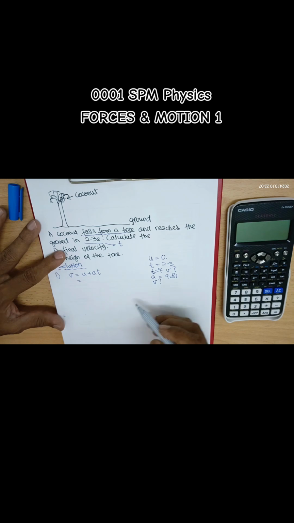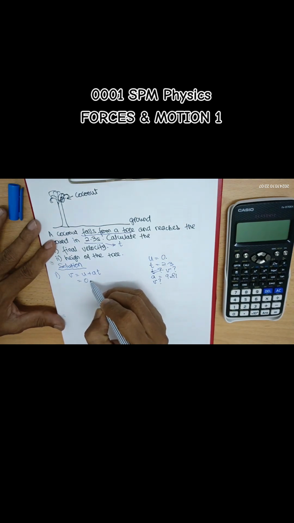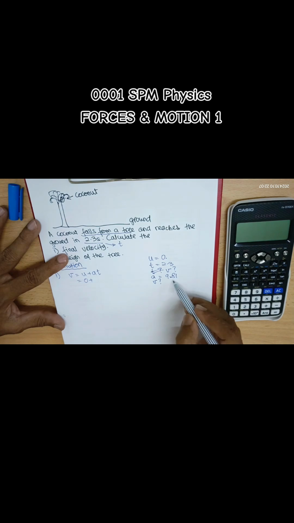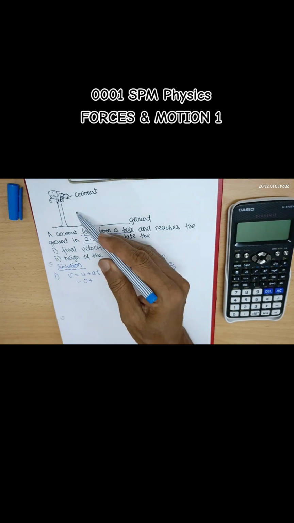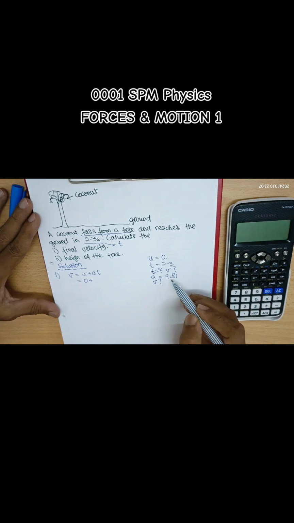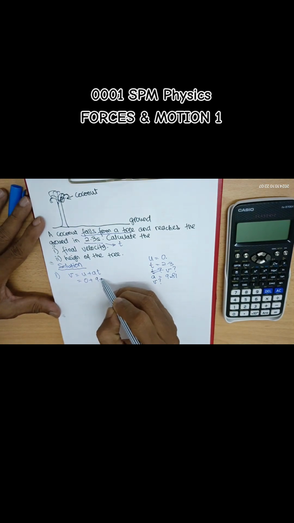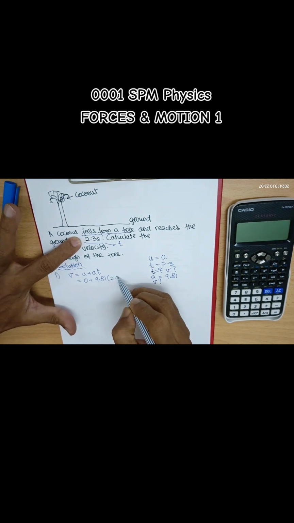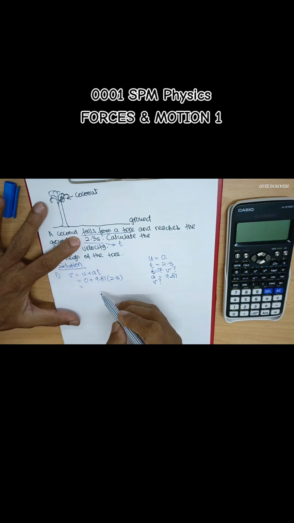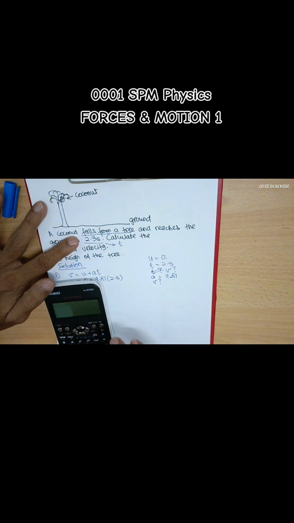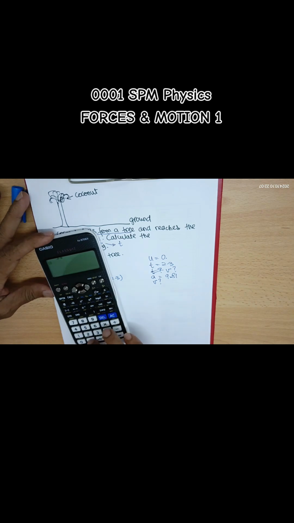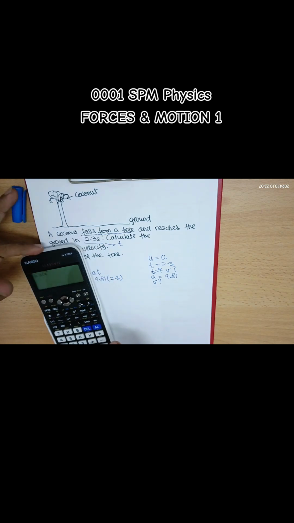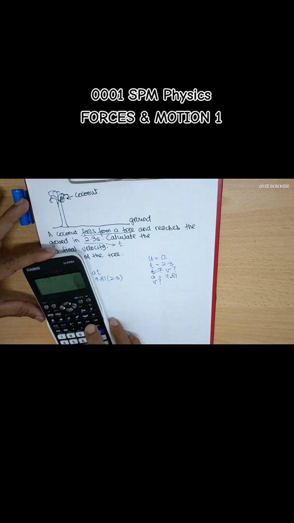So u, initial velocity, is 0, plus acceleration due to gravity, 9.81, multiplied by 2.3 seconds. So you get 9.81 times 2.3.